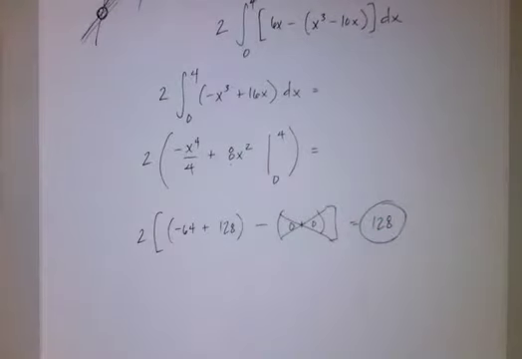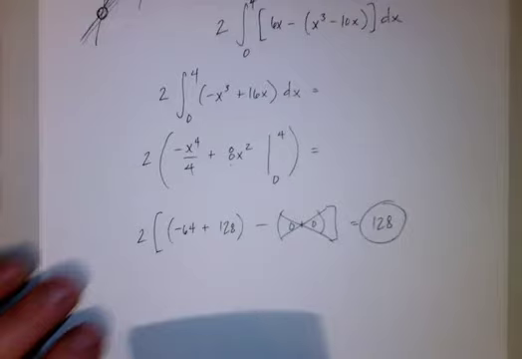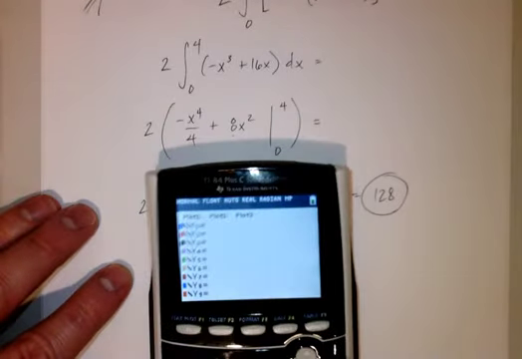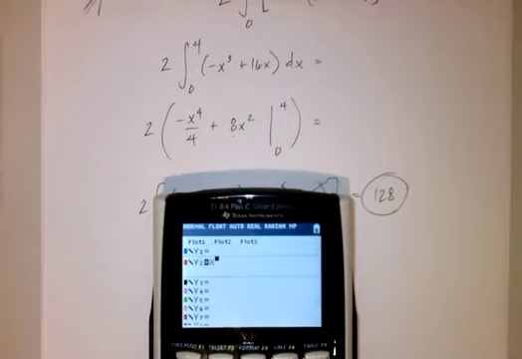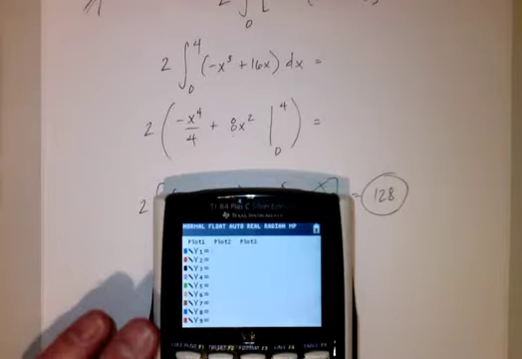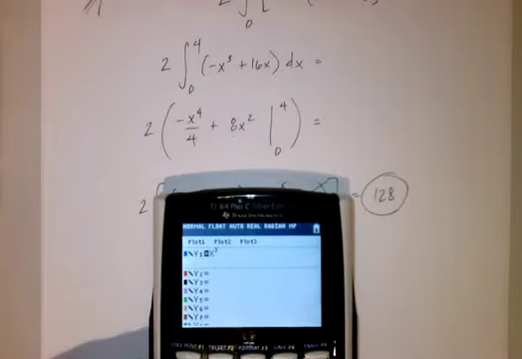Now, you got to remember that you can actually use your calculator on these, okay? And I'm going to go ahead and remind you how to do that. Now, the functions that we were given was x cubed. Let's go ahead and put that one in y1. You have x cubed minus 10x and 6x.